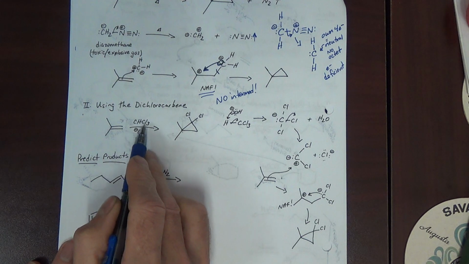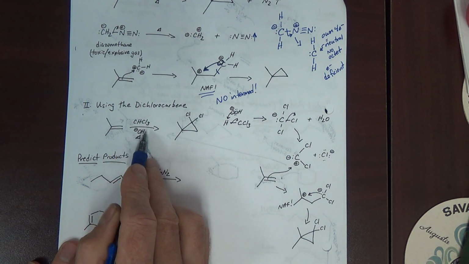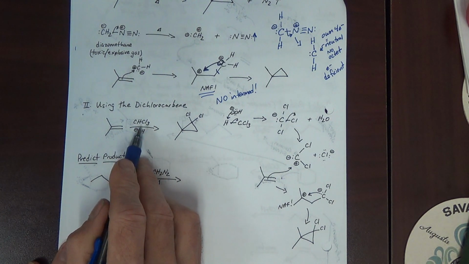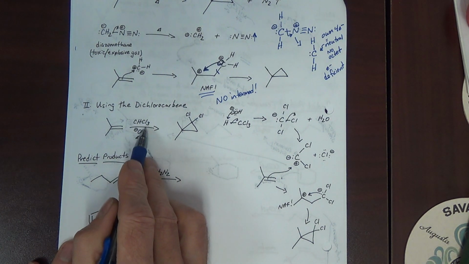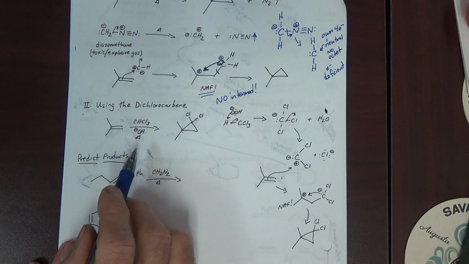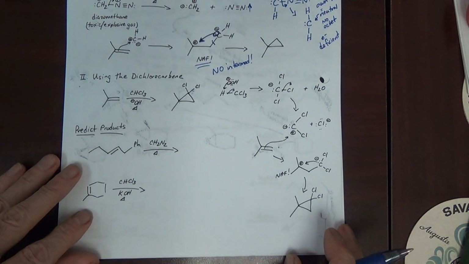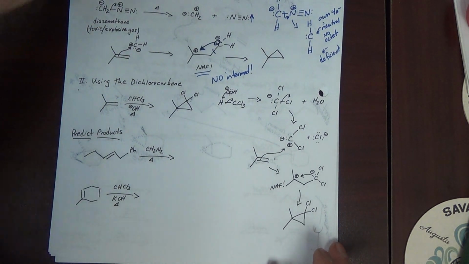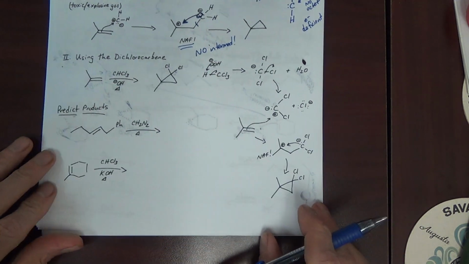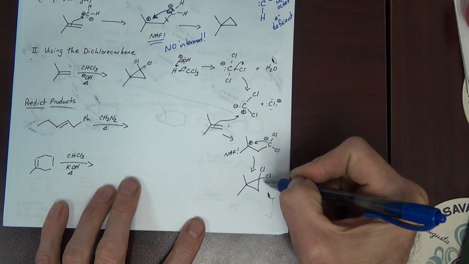And while chloroform is slightly toxic, it's not so toxic that it's going to be prohibitive and dangerous as long as we take normal precautions. And so making dichlorocarbenes is much easier. And this will give a cyclopropane with two chlorines on the new carbon.